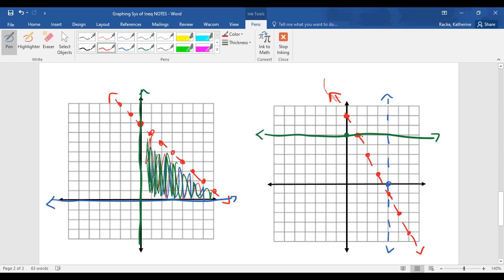All right, so for red, it is greater than, so I'm going to be on this top side of it. I'm just going to put it in this little area. It would technically be all of this area for red. For blue, it is less than, so it's going to be on the left side.